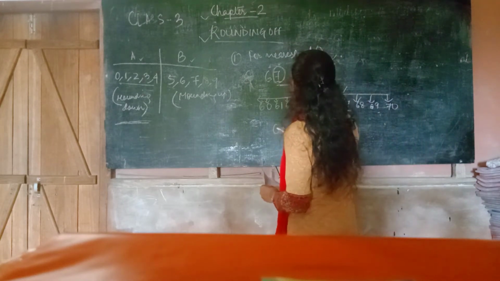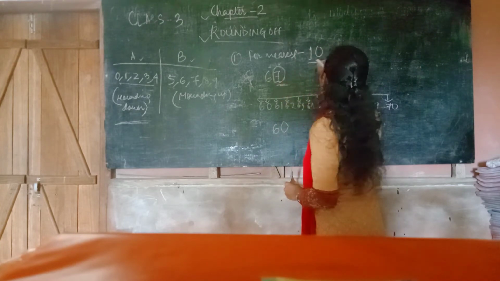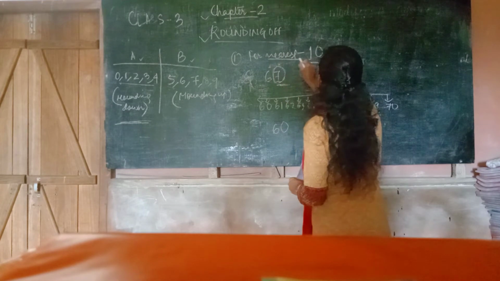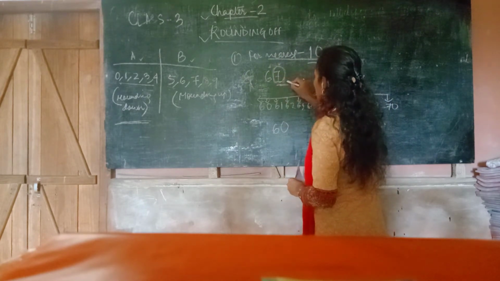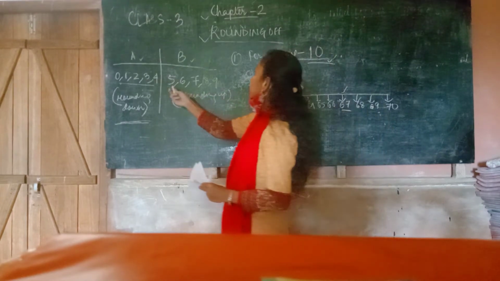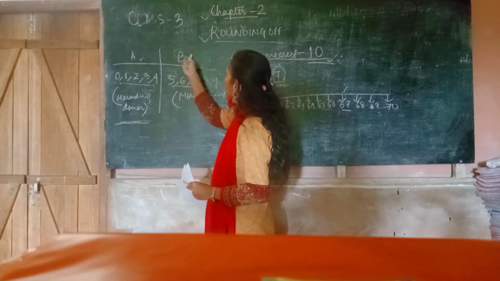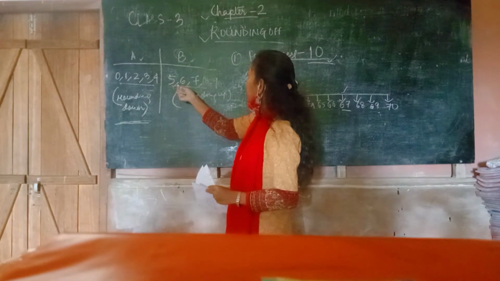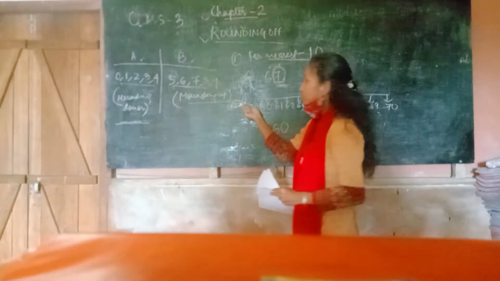So we have to see the digit in the ones place for the nearest 10. Ones place, how much? It is 7. Means greater than 5 or 5. B column. If greater than 5 or 5, then what will be? Rounding up.